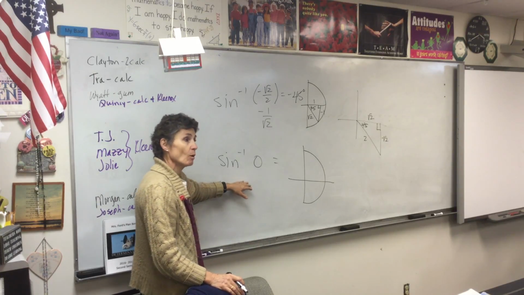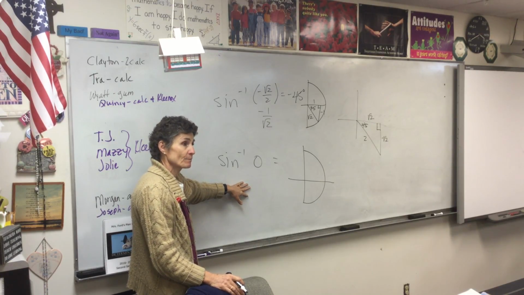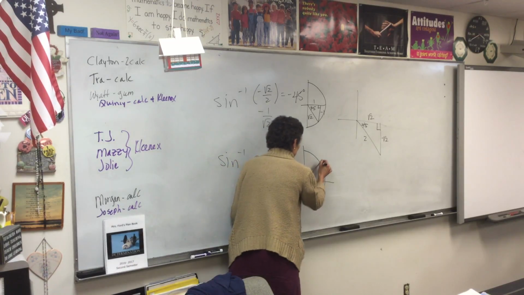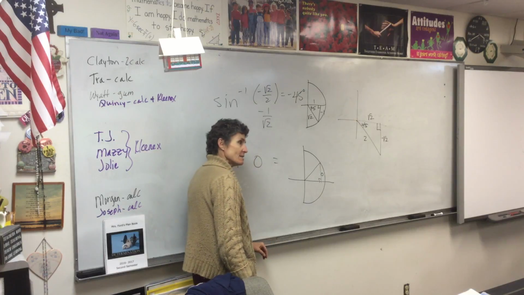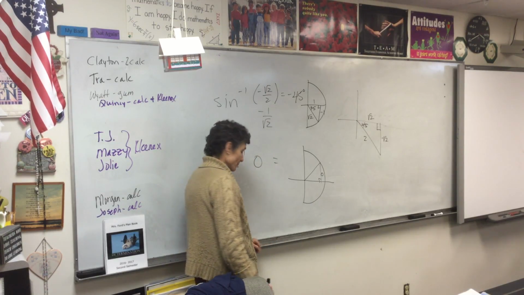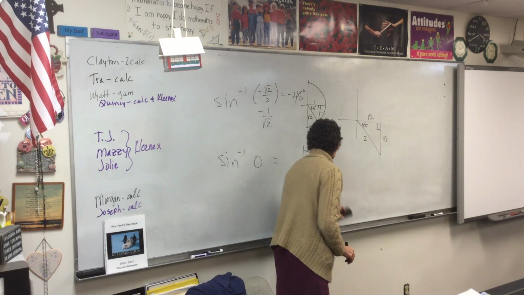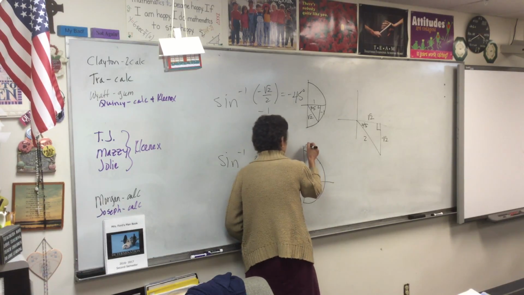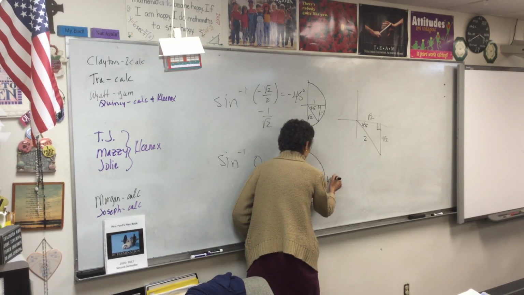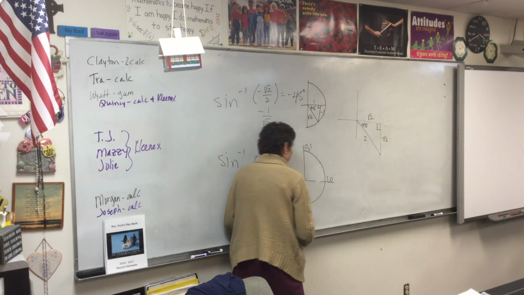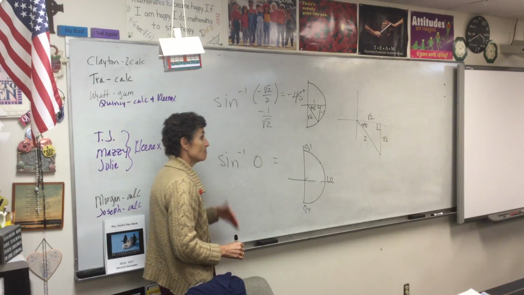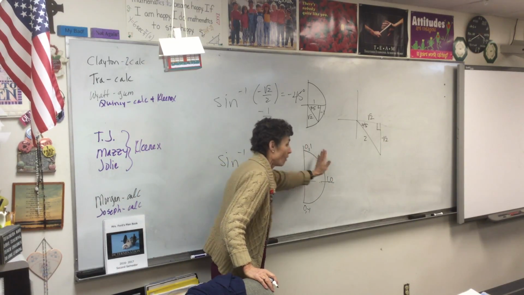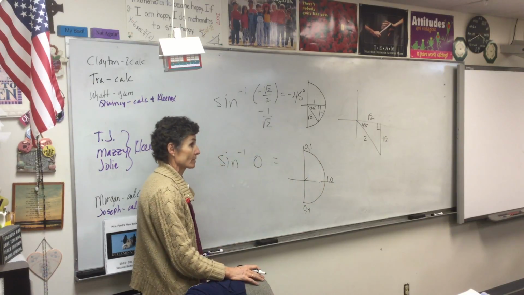All right, now this one is a wild card. This is different because that's a 0. You're not going to be able to draw a triangle where that's 0, right? So you have to look for a quadrantal angle. Now the only options are up here, out here, and down here. Why are those the only options? Because those are the only quadrantal angles that are involved on that half of the circle.